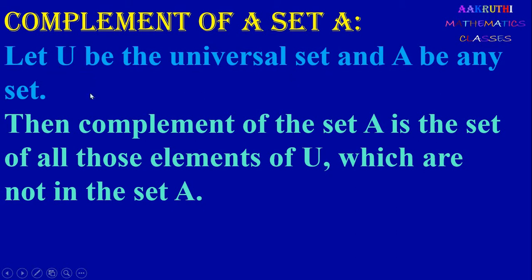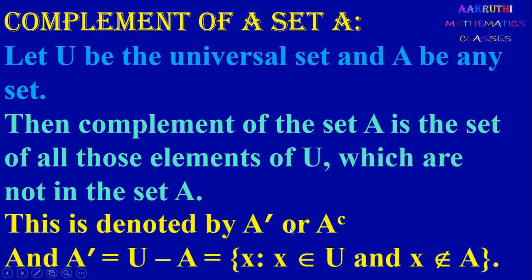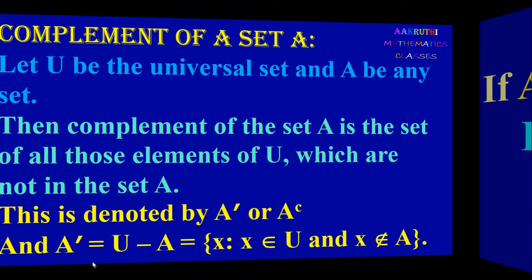A should be a subset of U. Then the complement of set A is the set of all those elements of U which are not in set A. So you have to write all other elements which are not present in A. It is denoted by A dash or A C, that is, complement of A. And we write A dash equal to U minus A. It is the set of all x such that x belongs to U and x does not belong to A. You should not write elements of A. You have to write all other elements which belong to U. So that is called the complement of set A, denoted by A dash.